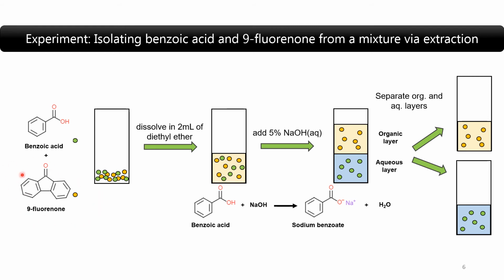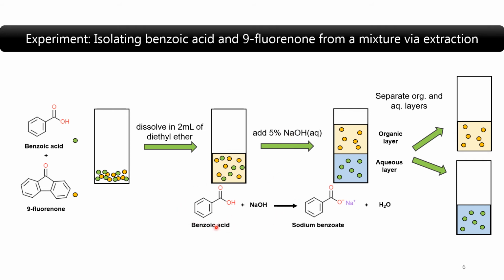When we look at the structures of these compounds, the preferable compound for that kind of reaction is benzoic acid because it has this carboxylic group and it's an acid, so it could be reacted with a base. That is why we are adding 5% sodium hydroxide aqueous solution here.